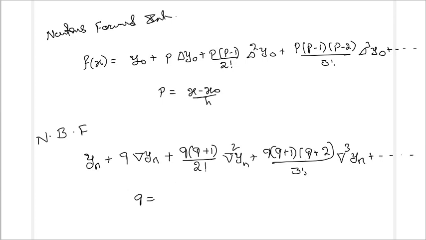Where q is nothing but x minus xn divided by h. So this is Newton's backward interpolation formula, whereas this one is Newton's forward interpolation formula.